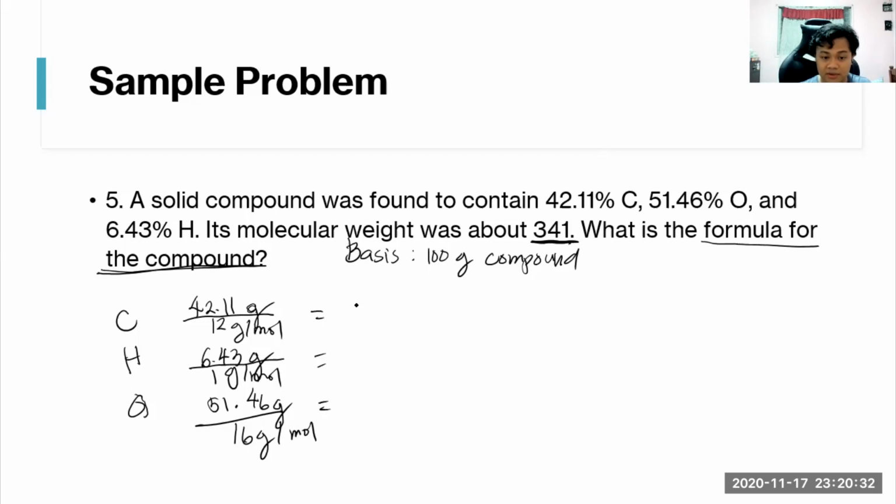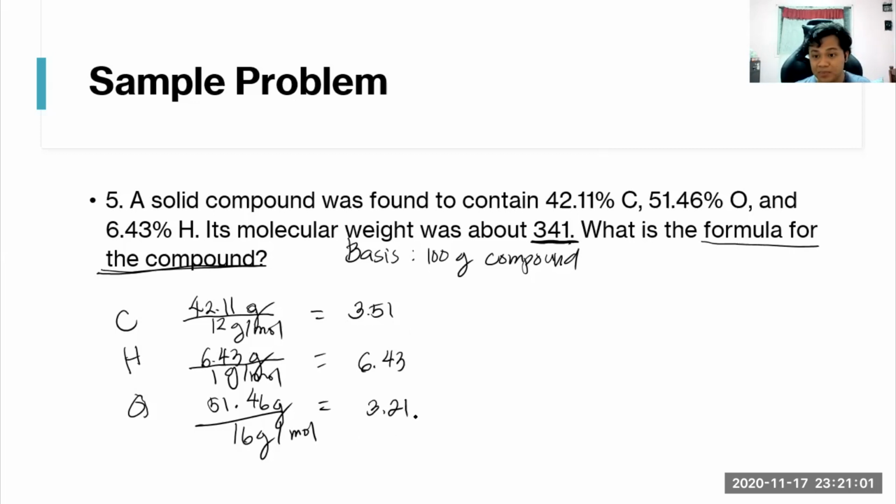So we'll now get their number of moles: 3.51, and then 6.43, and 3.21. Now what will we do next? Remember that to get the ratio of these elements, we have to divide them by the lowest number of moles in the group of elements.